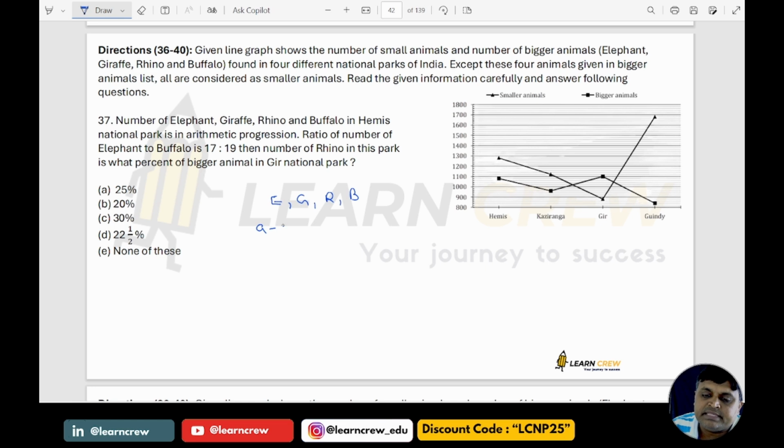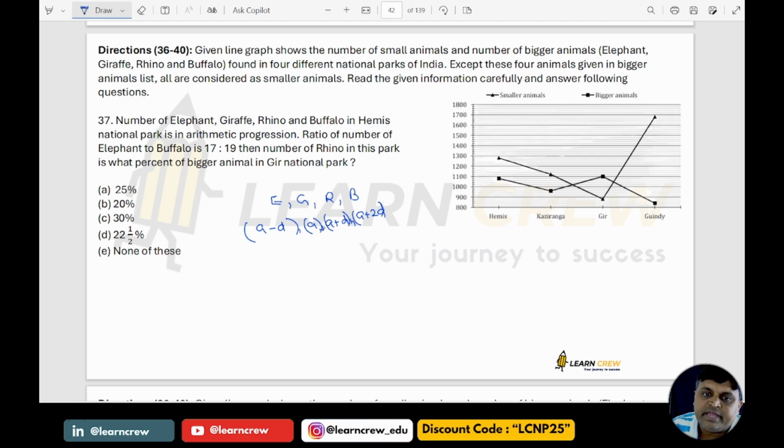So it is A minus D, A plus D, and A plus 2D. And this total sum in Hemis National Park is how much? 1080.